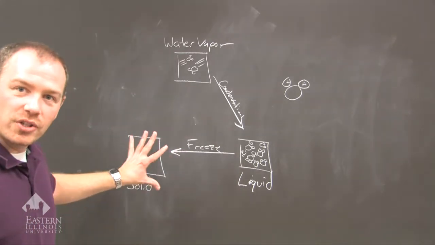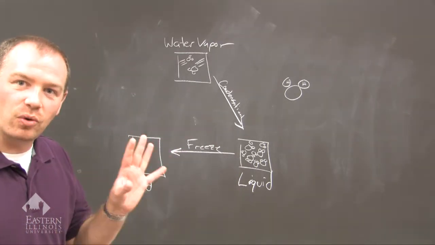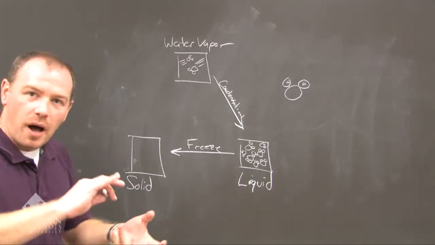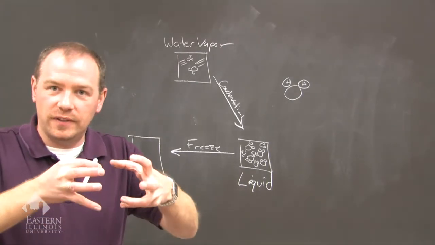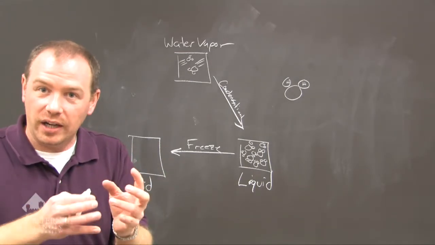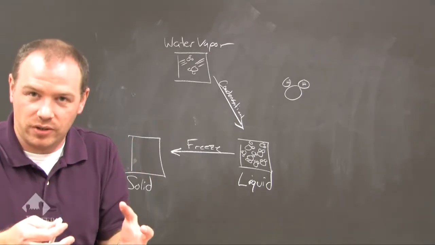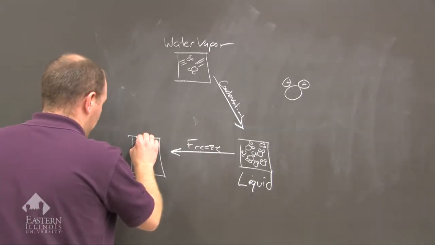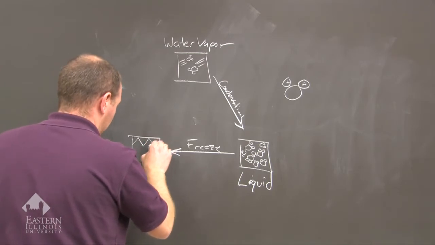When the water starts to chill and get towards the freezing point, the water molecules begin to shift their position and form themselves into a hexagon crystal. And that's the shape of snowflakes.